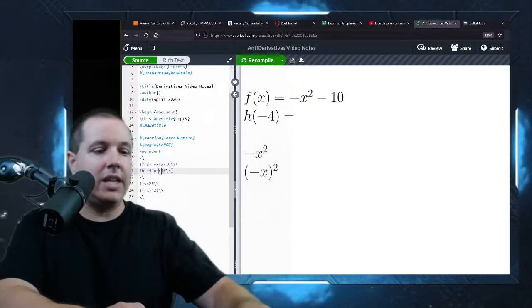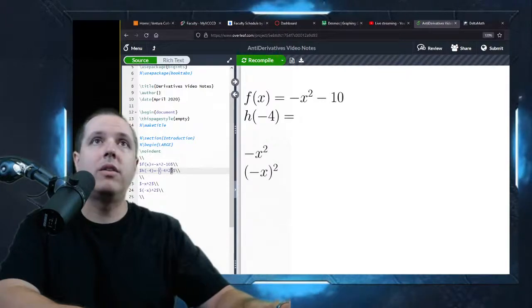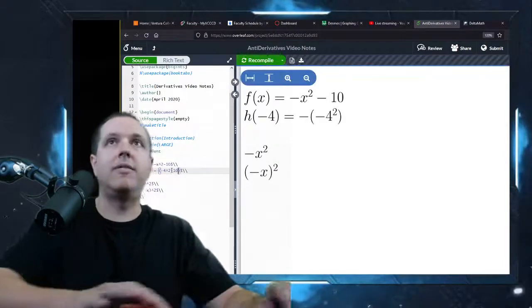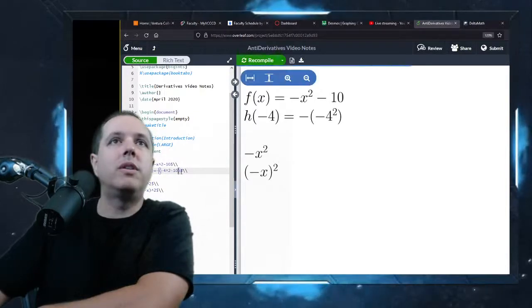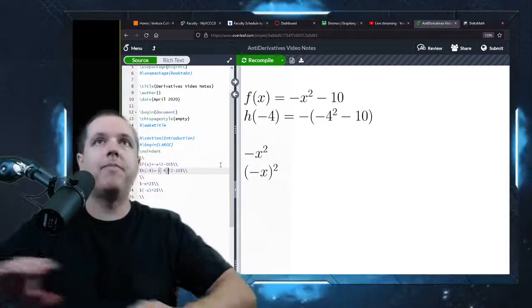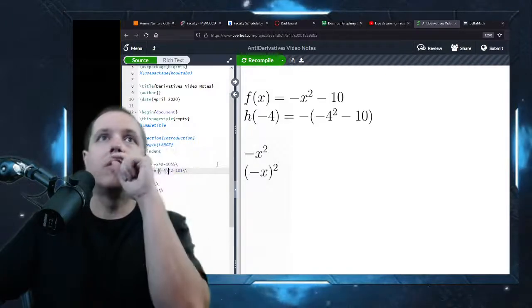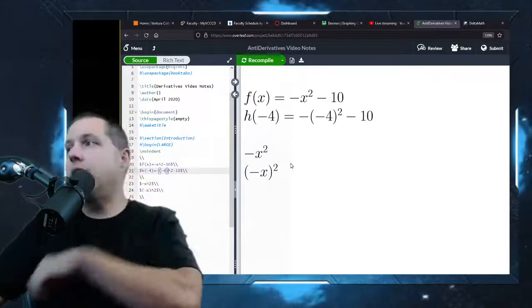Now I'm substituting in a negative 4 squared minus 10. Oops, sorry, my parentheses should be over here. There we go. That's what that should look like.